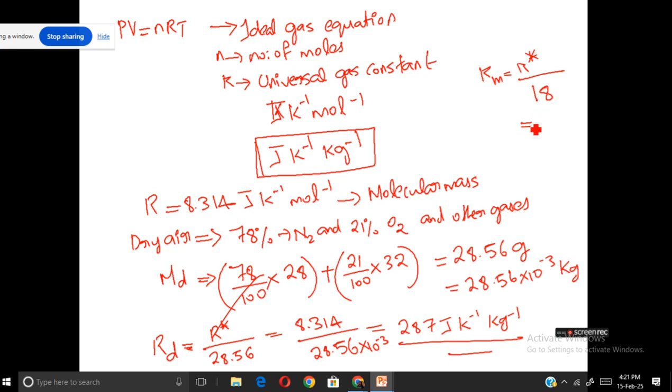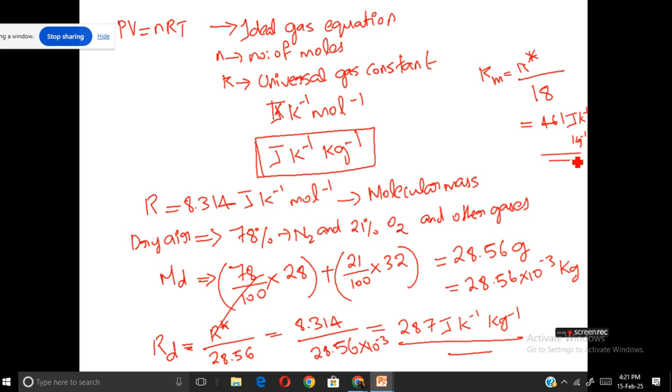So in that case, it will become 8.314 divided by 18 into 10 raised to minus 3. It will be around 461 joule Kelvin inverse kilogram.